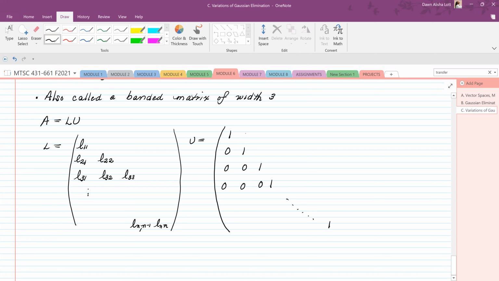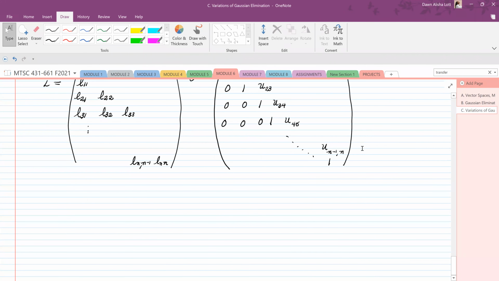And then this is U12, U23, U34, U45, all the way down to U(N-1),N. Okay, so this is a really nice factorization. Again, easy to solve.